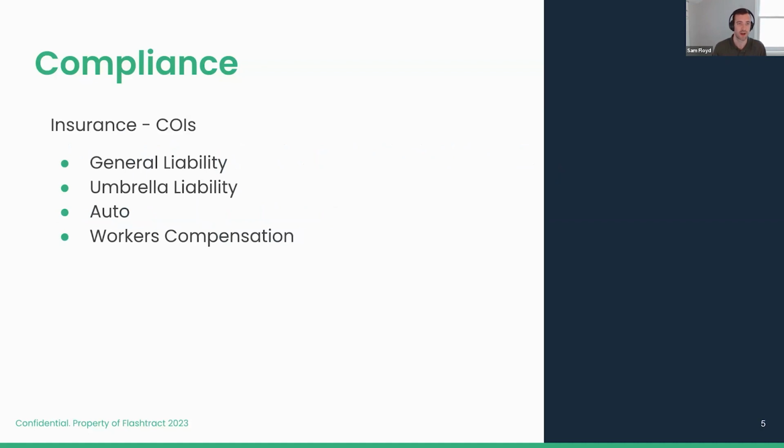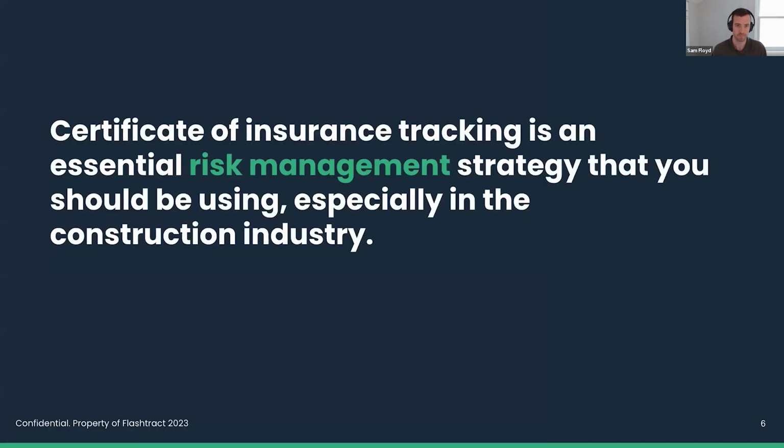Whether that's general liability, umbrella, auto, workers' compensation, or any other certificate of insurance that you might be tracking across all your projects and contracts, that's really what we mean by compliance.